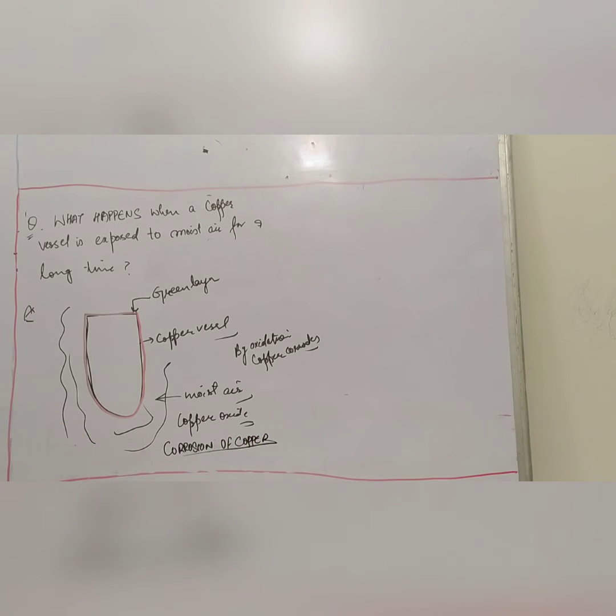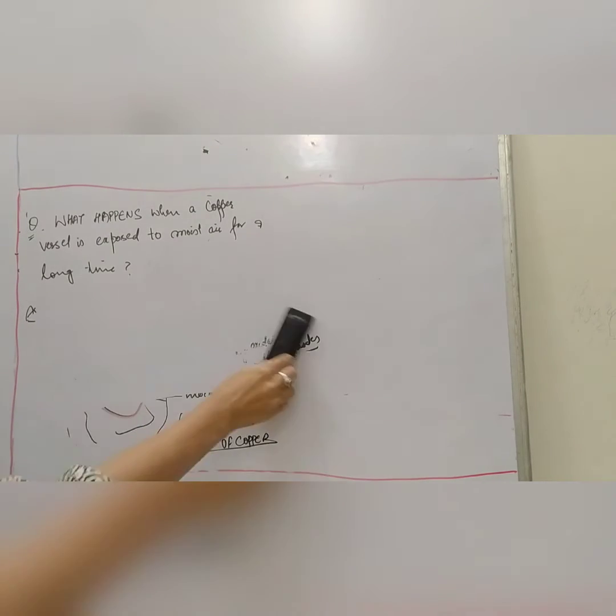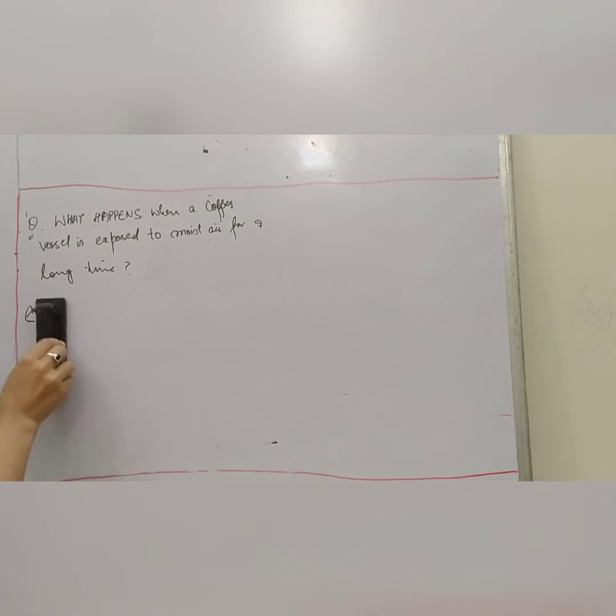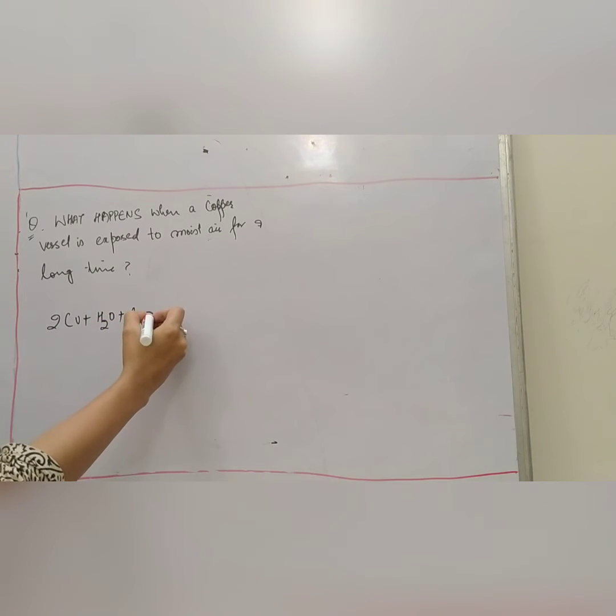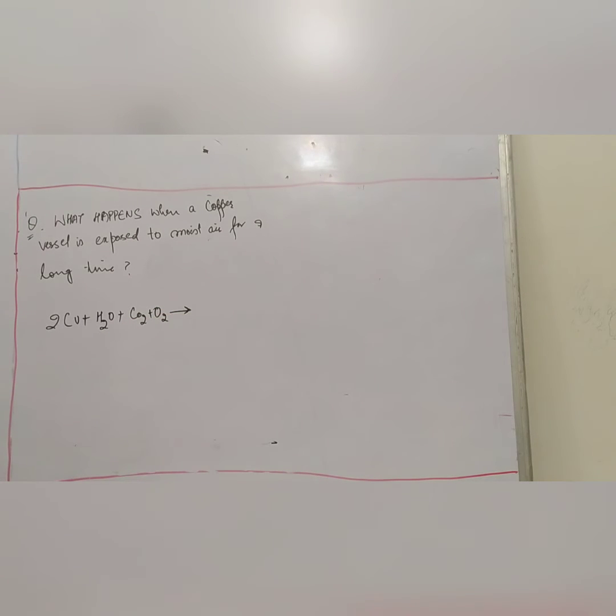Right. Now we'll see the reaction. Here we have copper combined with moist air. In moist air, we have moisture, water, carbon dioxide, and oxygen, and they will form a mixture of green material.